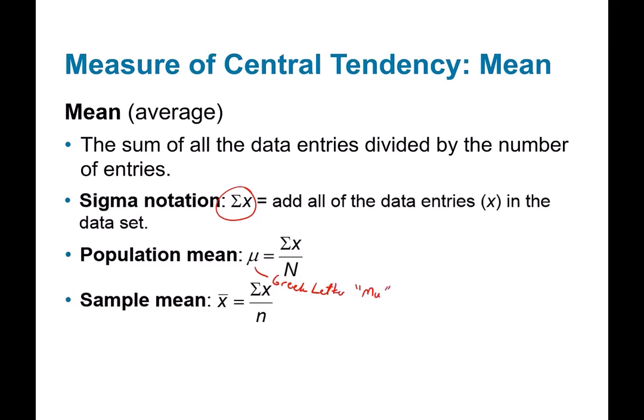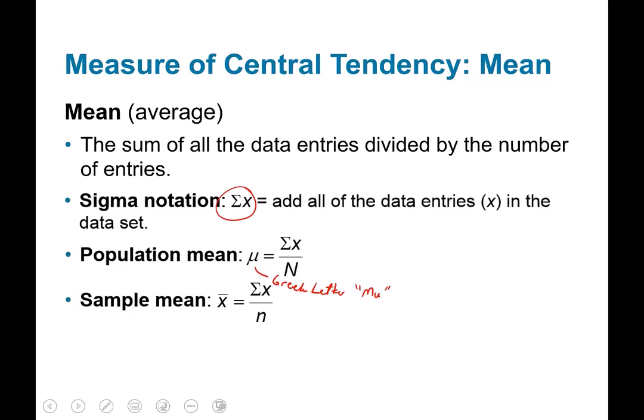It's just a U with a little tail. It's the sum of our data values, so the sum of x, divided by n. And remember, n is our population size, right? So it's however many data values you had.